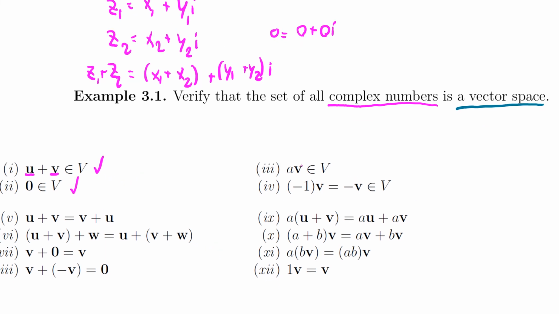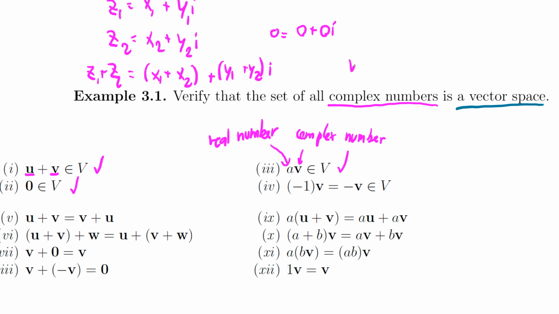If I multiply a complex number, so my v, with a scalar, and by scalar, it's going to be a real number, the product is going to be, well, also a complex number, so it remains in my set.